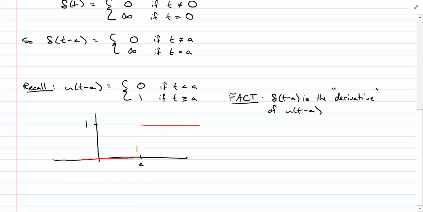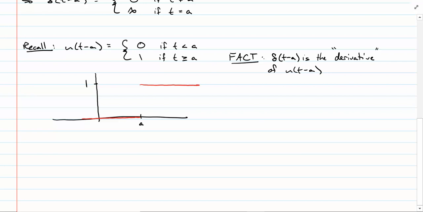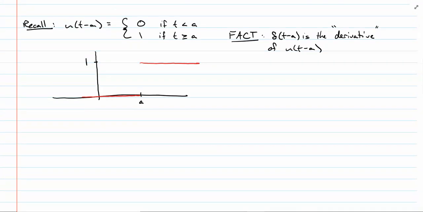But if we had to say that the derivative was something here at a, we would say that it's infinity, which is basically what the Dirac-Delta function is. It turns out that if we just take that to be true, then we get some nice results in terms of Laplace transforms, which are actually very useful for solving differential equations.